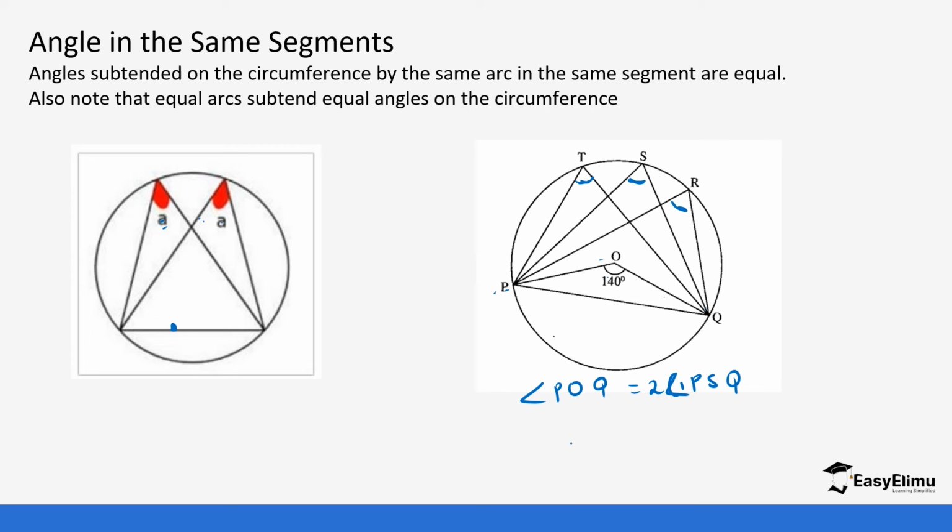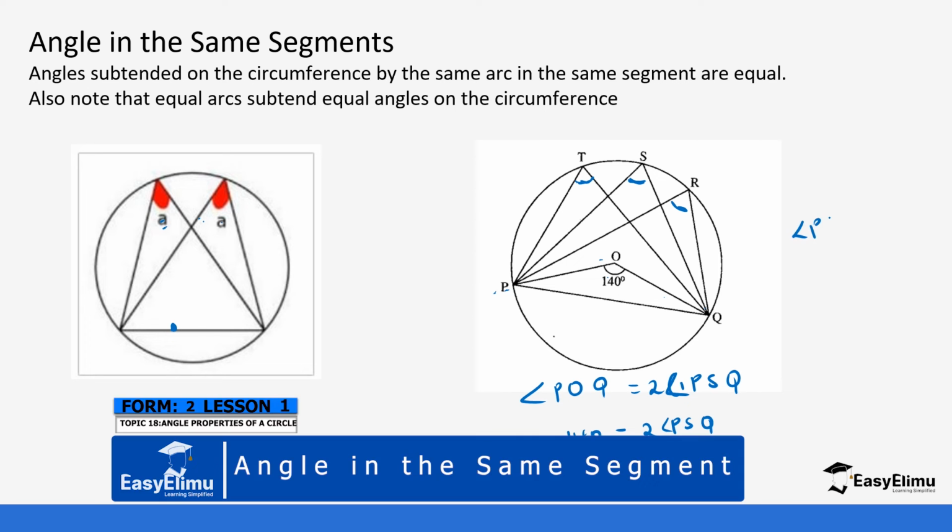So angle POQ is 140, which equals twice angle PSQ. If you divide by 2 both sides, angle PSQ is going to be 70 degrees.